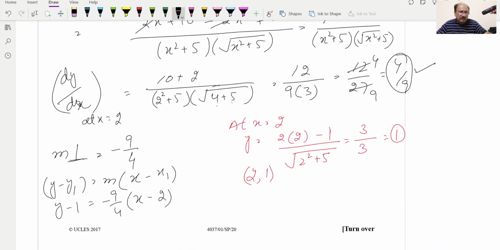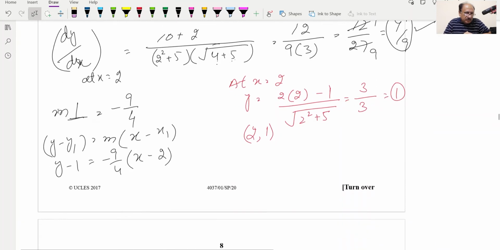We can rewrite this equation as y is equal to minus 9 over 4 x and plus 9 by 4 into 2, which will be 9 by 2, so 9 by 2 and plus 1.